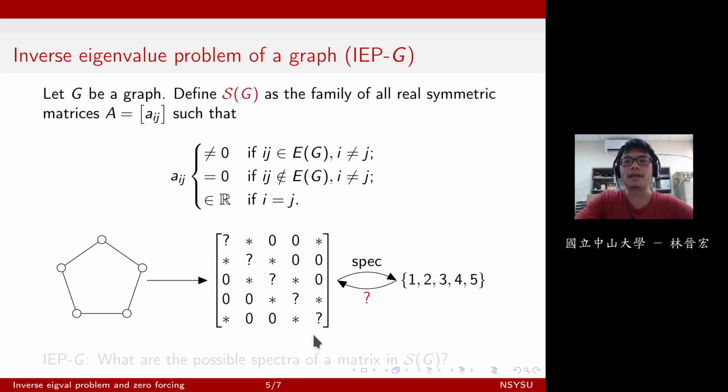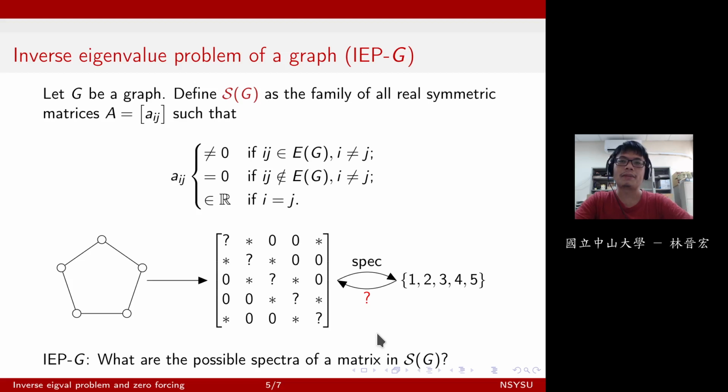When you give me a matrix like this, I can calculate the spectrum. But if I give you a set of real numbers, can you go back to S(G) and find out whether there is a matrix whose spectrum is as desired, or there is just no such matrix? So the inverse eigenvalue problem is trying to find out all the possible spectra of a matrix in S(G).